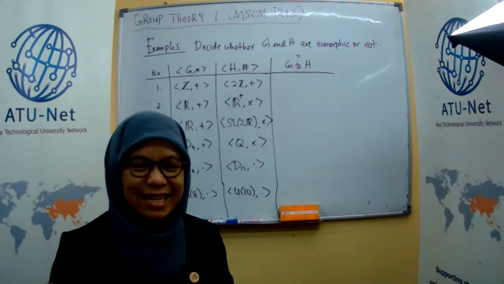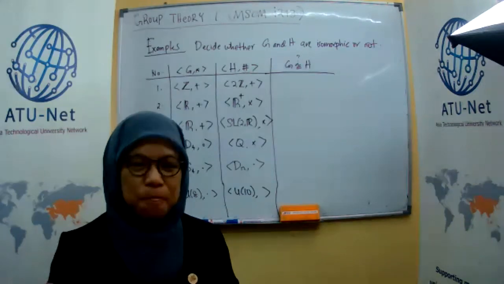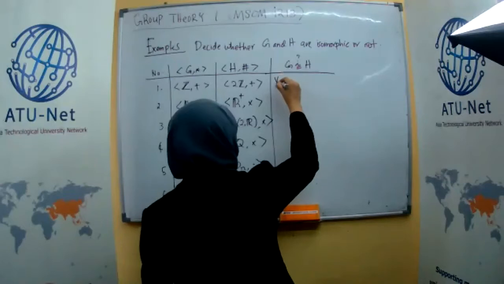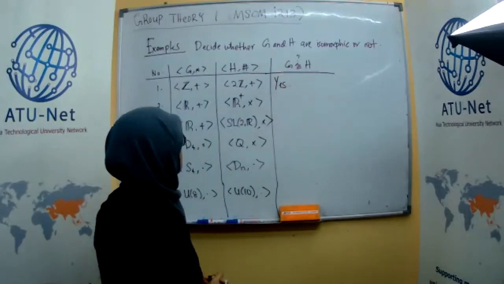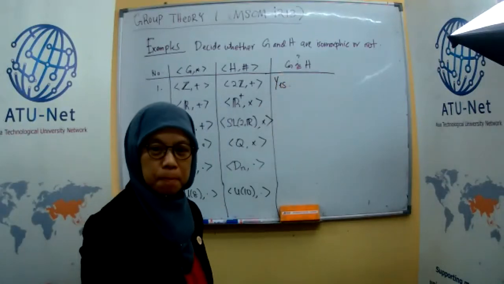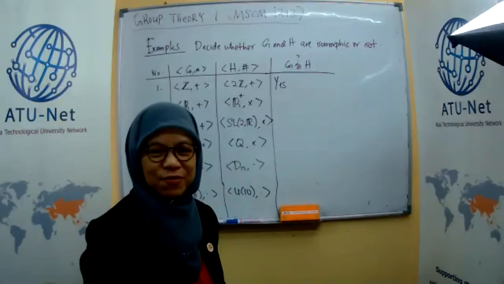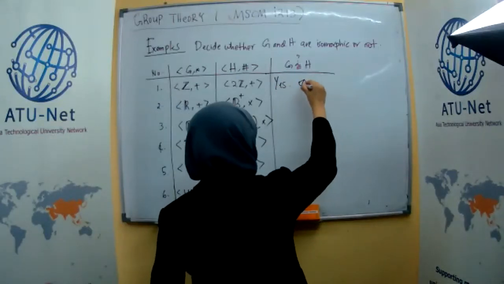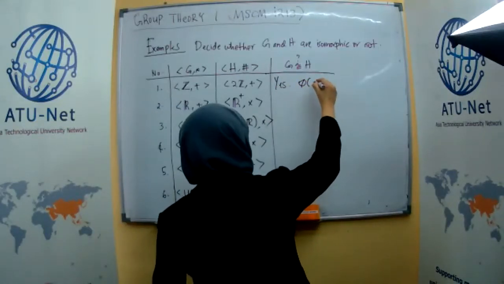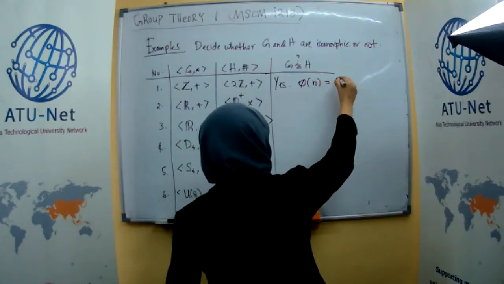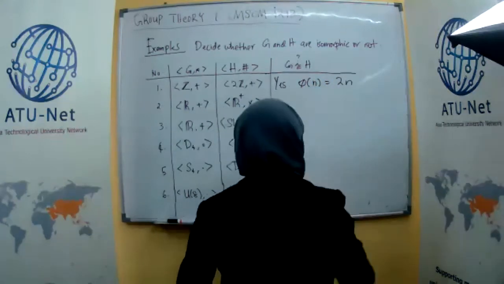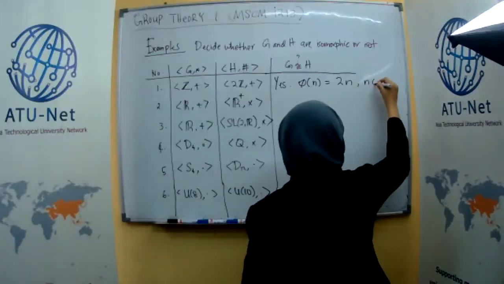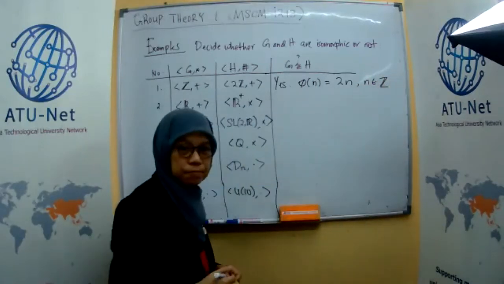Yes, doctor. Lava, can you try and why? Yes, doctor, because the function is one-to-one. You have to give me the function first. What is your mapping? Phi n equals 2n. Okay, so first you take any n in Z, any integer, right?